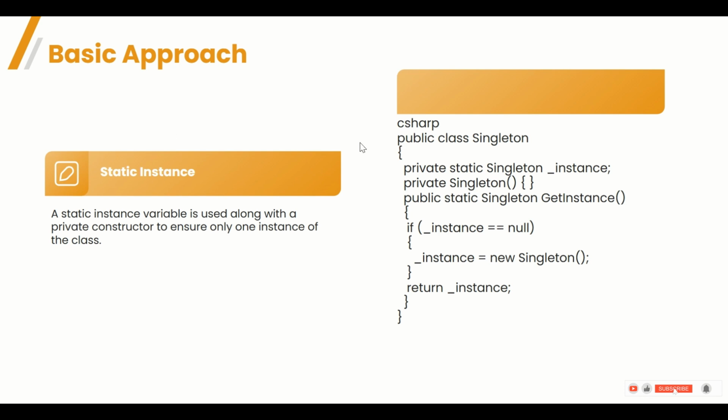Here, as you can see, we have declared a class Singleton, and we have declared a private constructor, which will ensure that there is no object creation, and it always ensures that there is only one instance. So the instance can be created only from within the class, and that's totally controlled. So nobody can call new Singleton, because once you mark this class constructor as private, you definitely cannot instantiate it.